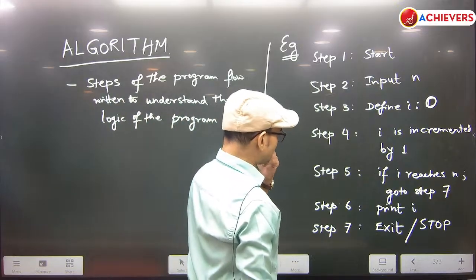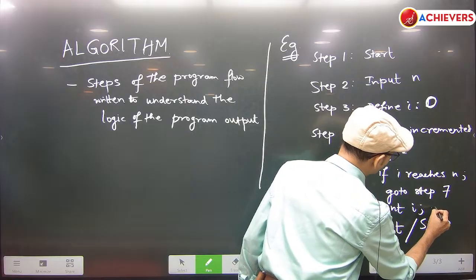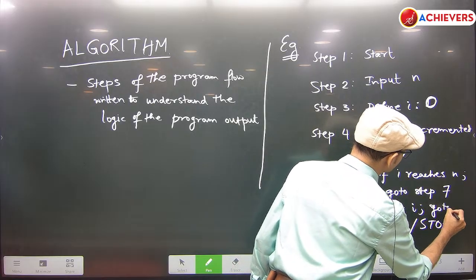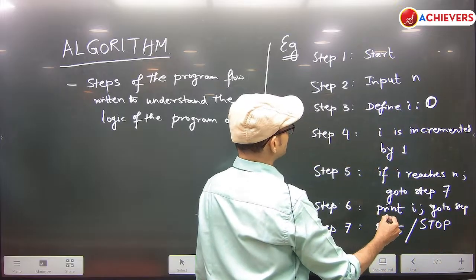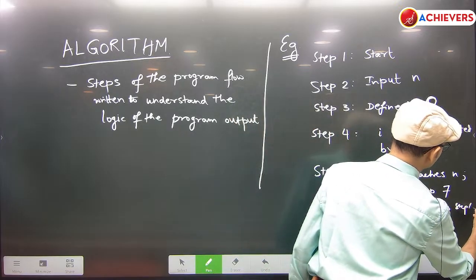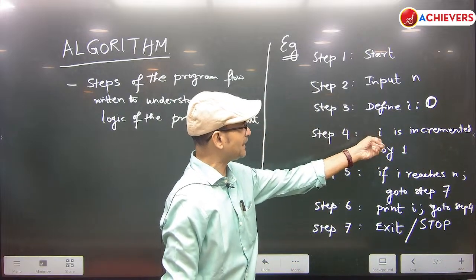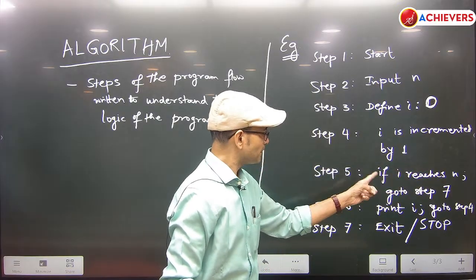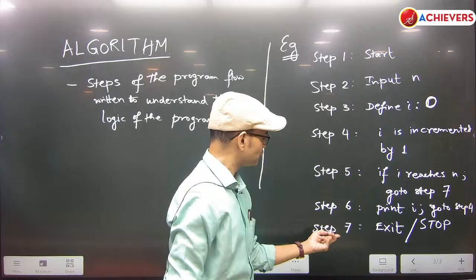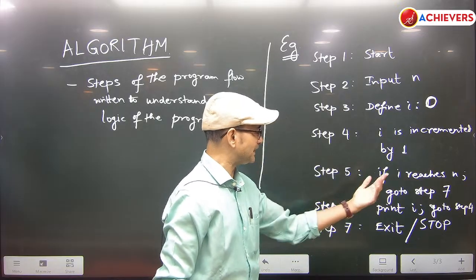So over here we print I and then we go to step 4. That means we again increment I by 1, then check I reaches n or not. If I reaches n, we will move to step 7, else we will go on printing I.